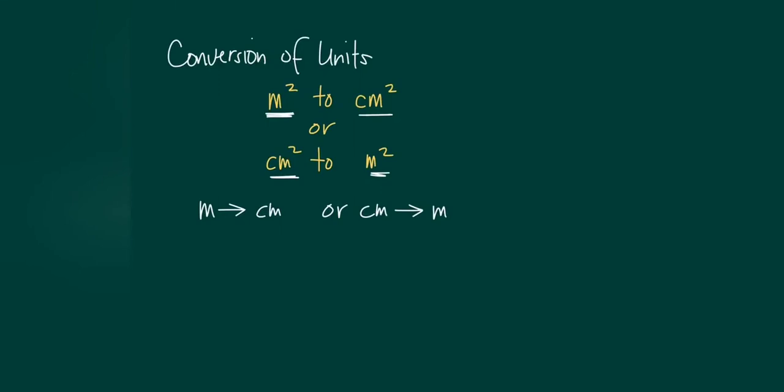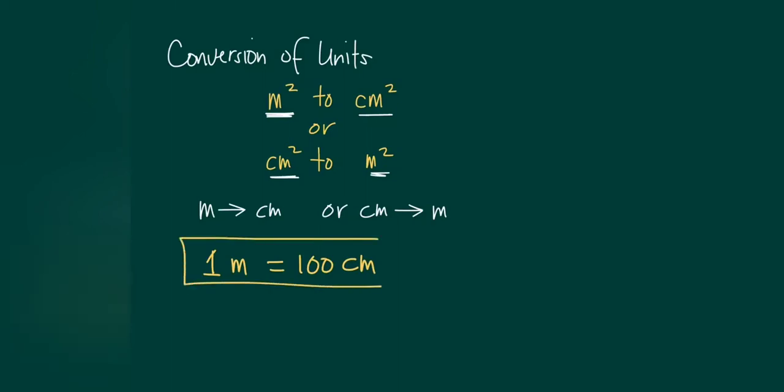Before we go to the conversion of m squared to cm squared and cm squared to m squared, let's have a quick review on how to convert meters to cm or cm to meters. There is one thing that you always have to remember: 1 meter is equal to 100 centimeters. This is very important when we convert m squared to cm squared, or cm squared to m squared.